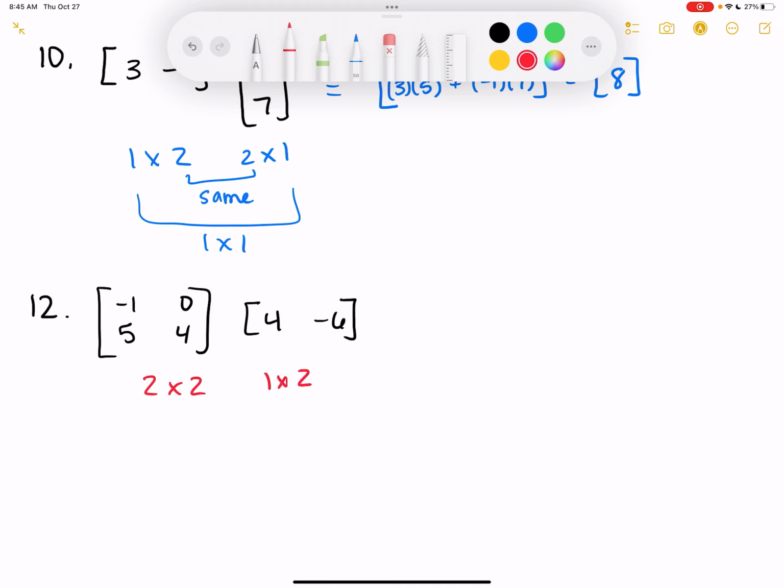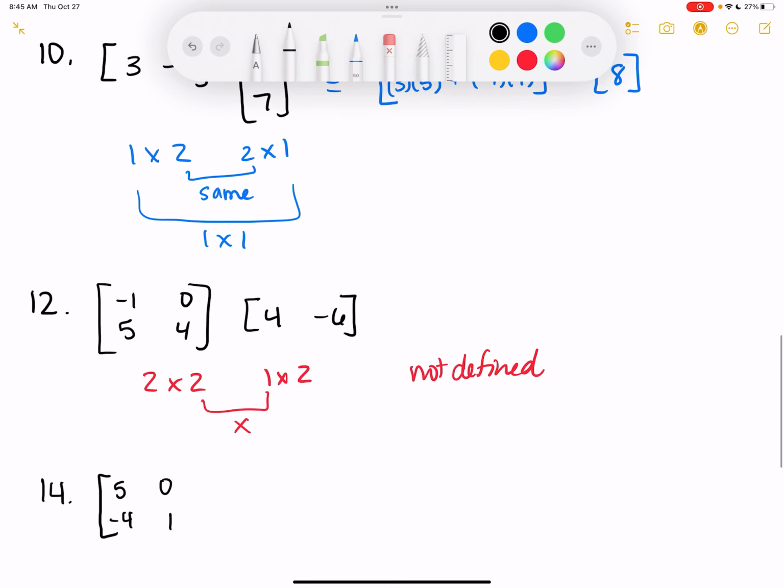Nope. Not the same, so it is not defined. Let's see, 14. I've got 5, 0, -4, 1, multiplied by -3, 2, 6, 2.